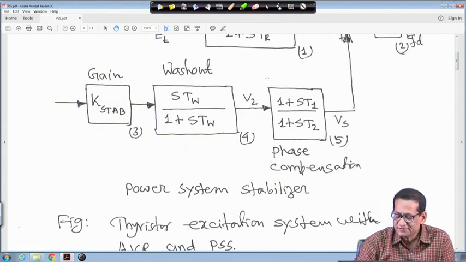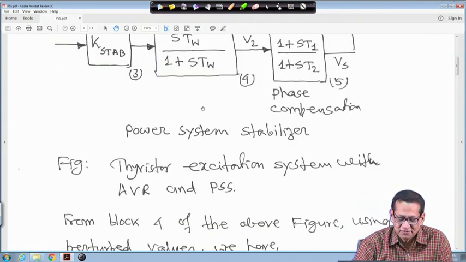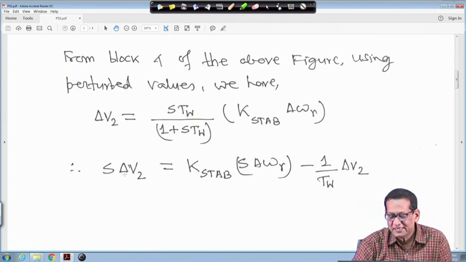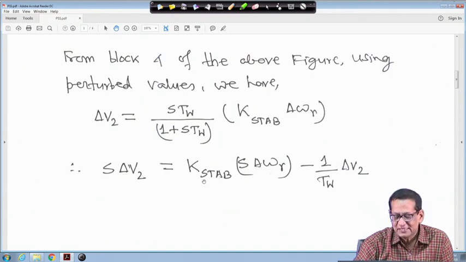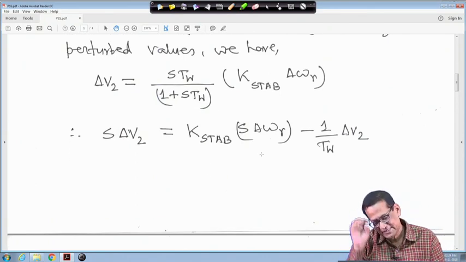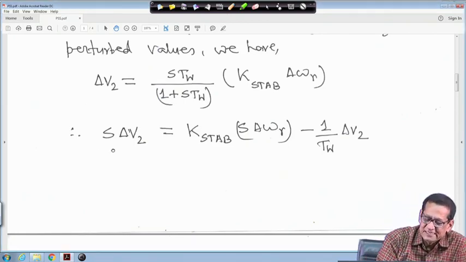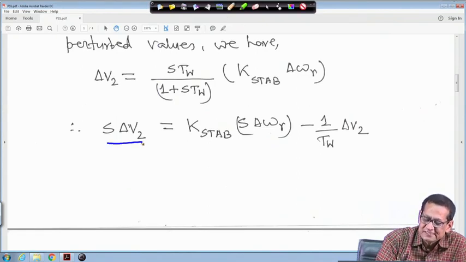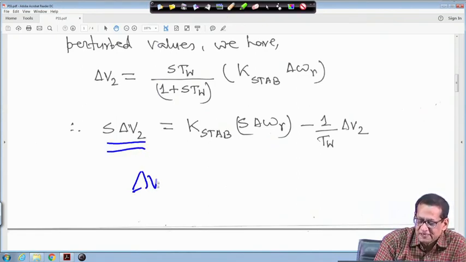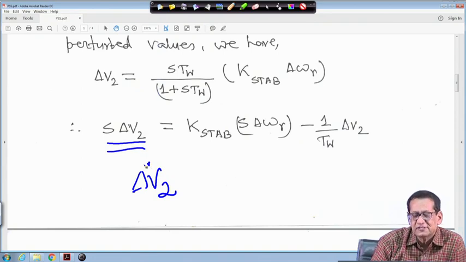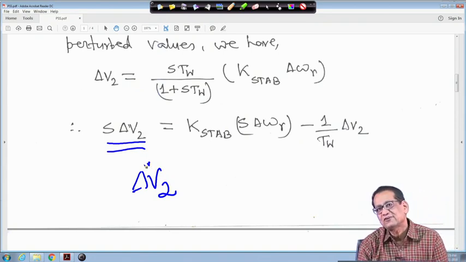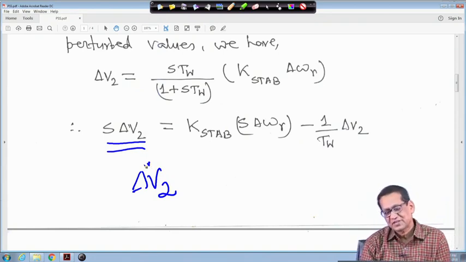So, that is why we are writing S delta V2 is equal to K stab S after simplification delta omega r minus 1 upon TW delta V2. That means this S delta V2 is nothing but delta V2 dot, because we know that S represents d/dt and all initial conditions are 0, right.